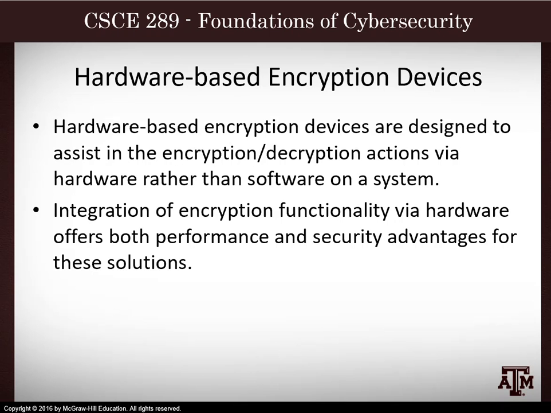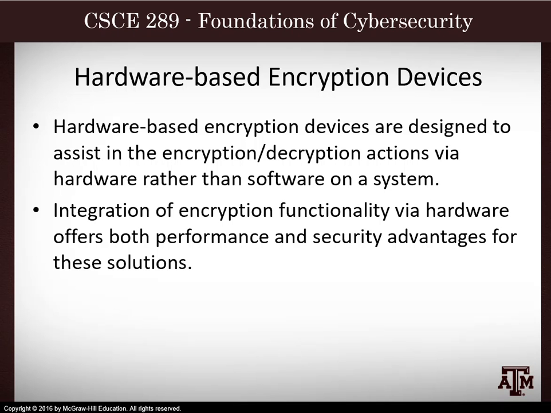We can do this in a number of ways. We can use encryption devices. The good thing about a hardware-based encryption device, if there's no software involved and it does some kind of hardware function, is that the only way to bypass that encryption is through a physical attack.